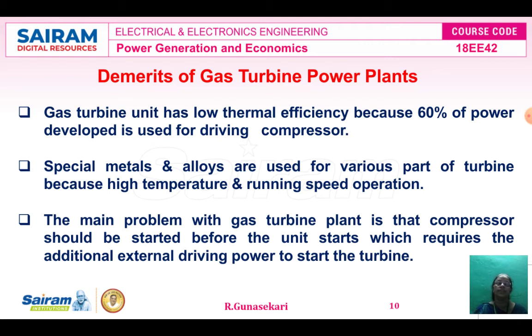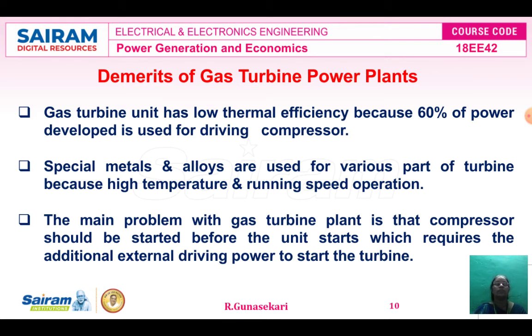Now we study the demerits of gas turbine power plant. The gas turbine power plant has low thermal efficiency because 60% of the power developed by the power plant is used for driving the compressor.